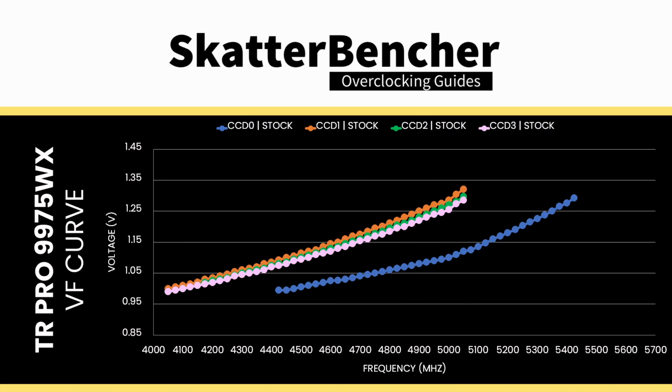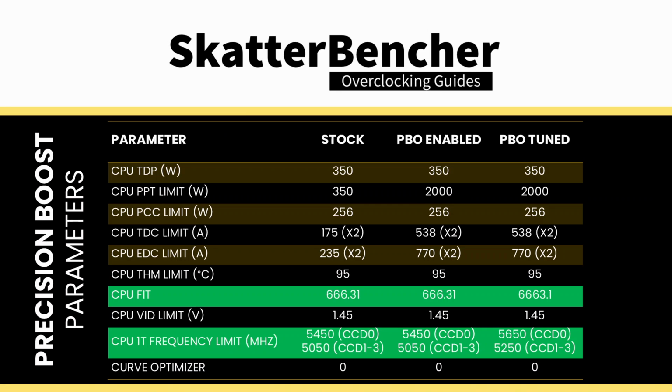Although it's not obvious from the VF curve, the maximum allowed voltage is 1.31 volt when all cores are active. The Precision Boost 2 algorithm utilizes the VF curve to find what's the maximum possible frequency at 1.31 volt. As I showed just a minute ago, we can use the Fmax boost override and scaler tools to increase the frequency ceiling by another 200 MHz and allow for higher frequency boosting.